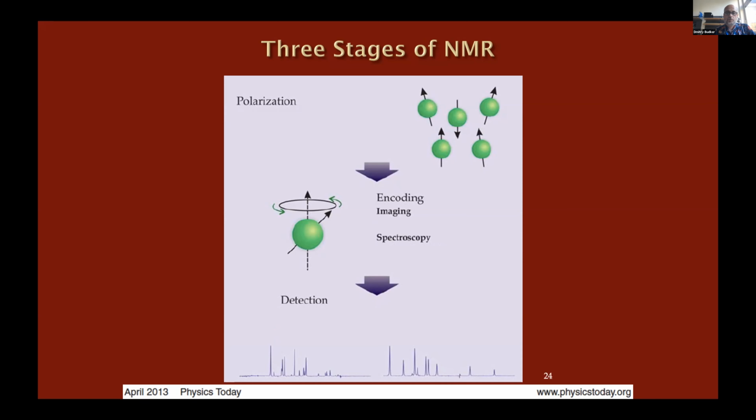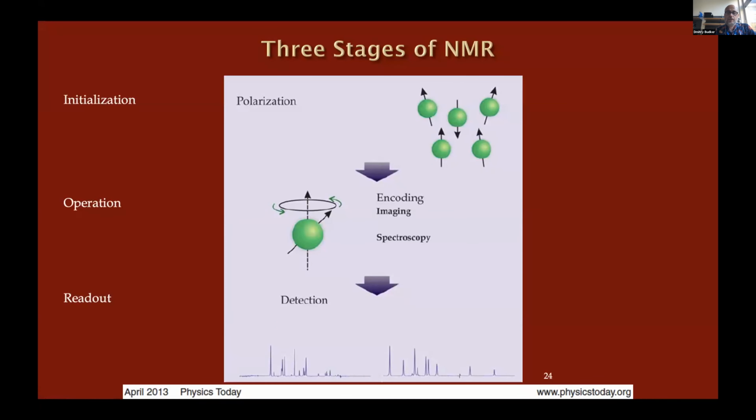And this is not stupid. There's a reason for it, because there are 3 stages of an NMR experiment. You need to polarize the spins, you need to encode the information that you are after, and then you need to detect the spins. And normally you need strong magnetic fields for all 3 of these stages.